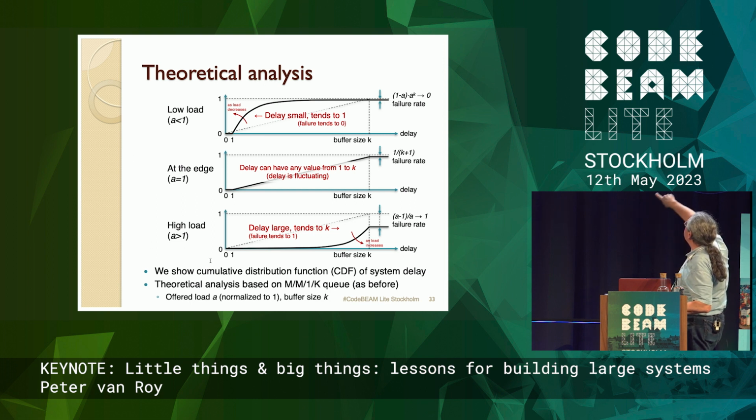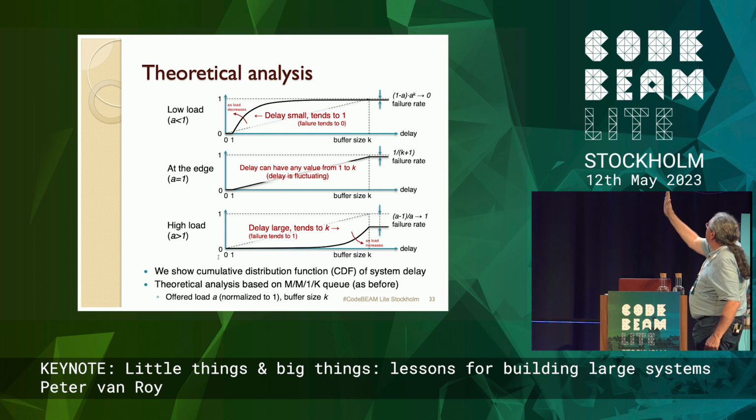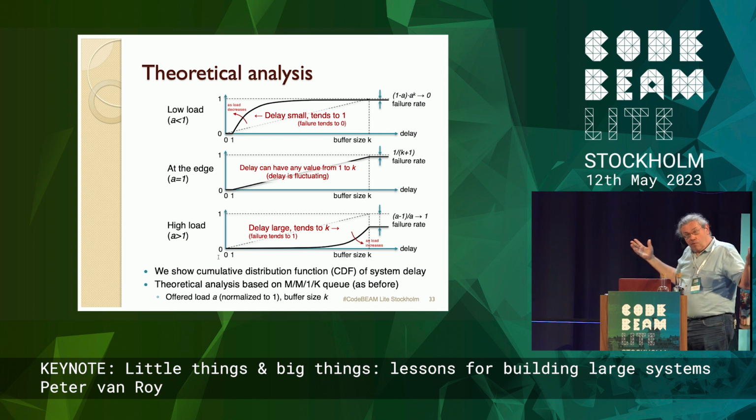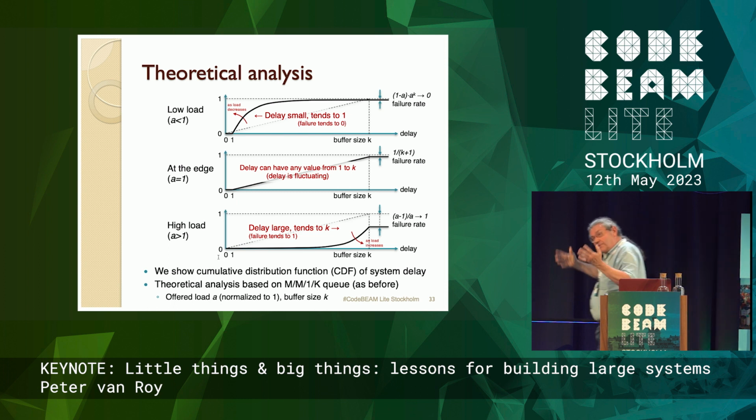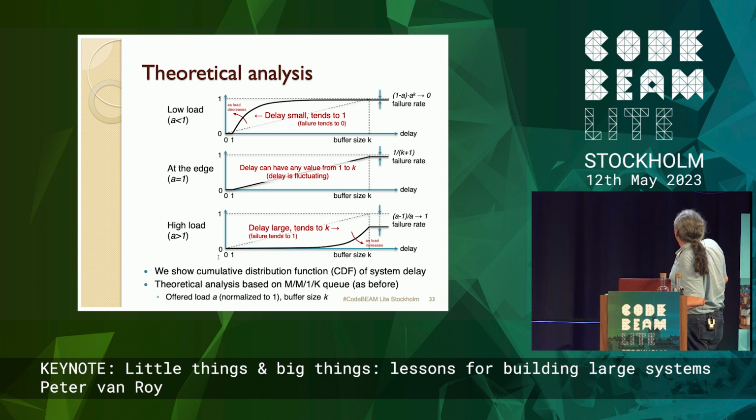You also have an exponential, which is 0, but then it rises at the end, and again, it pushes everything to the end. So the delay is k. That's predictable, right? It's always k, always. So very constant delay. The failure rate is very high, 1 minus 1 over a. So a is very big, 10 or 20 or more. This gets to 1, but it's predictable.